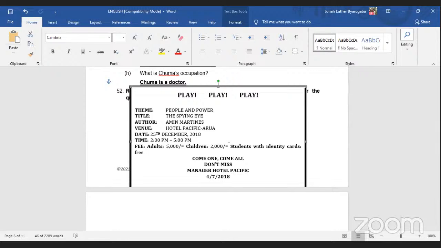Title, The Spying Eye. Author, Hotel Pacific Arua. 25th, 2 p.m. to 5,000 shillings. Children, 2,000 shillings. Students with identity cards, free. Come one, come all. Don't miss. Manager, Hotel Pacific.